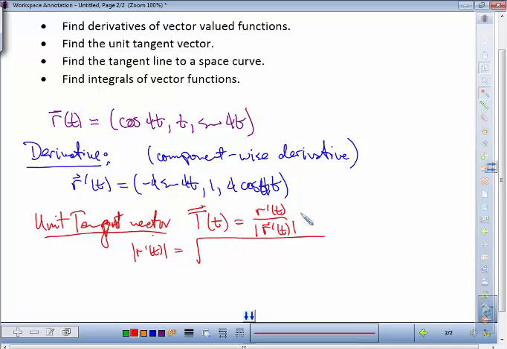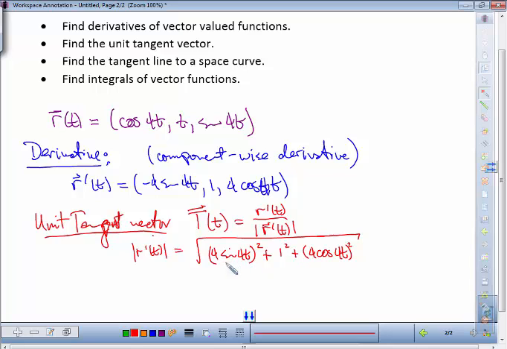The magnitude of that is the square root of the first component quantity squared. So that would be 4 sine 4t squared plus the second component squared plus the third component squared, all added together. And what happens when you do that is you can kind of group things.